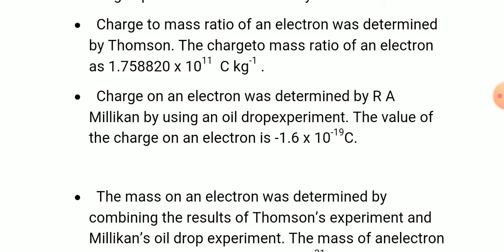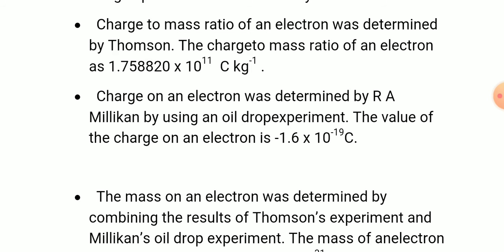That is, the charge to mass ratio of cathode rays always remains the same. Whatever the nature of the gas used in the discharge tube, the charge to mass ratio of the electron was always the same, and its value was 1.758820 × 10^11 coulomb per kg.